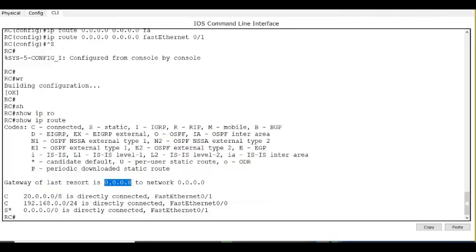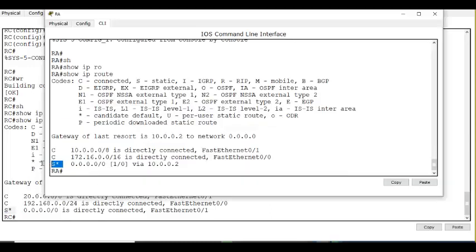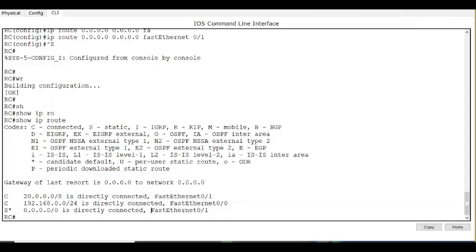But if you don't give the gateway, it will be like this. But this is also S star. This is also S star. This has got the next router's address. This has got the local exit interface address, local interface. Yes, sir. Both are default routes.